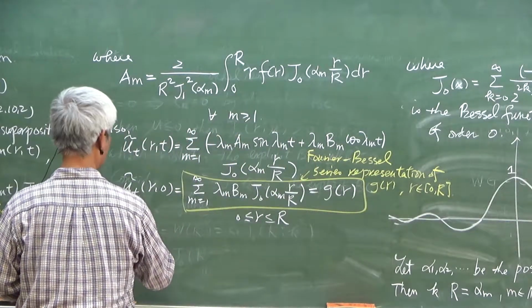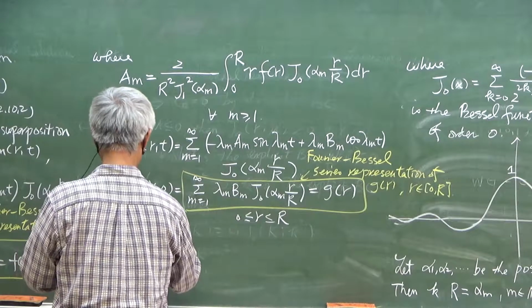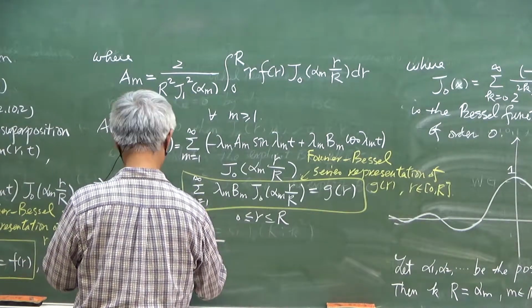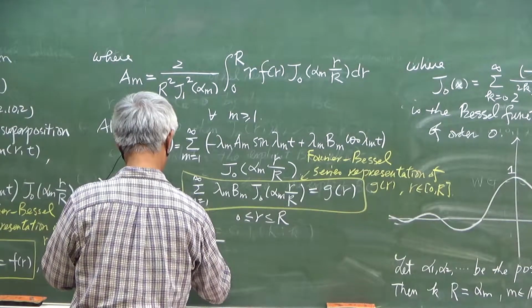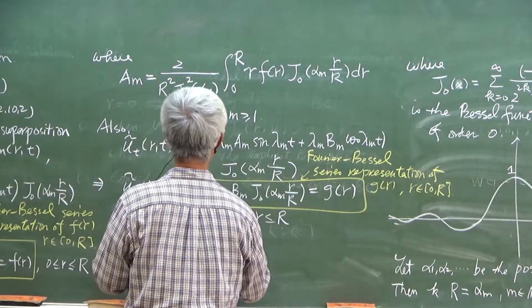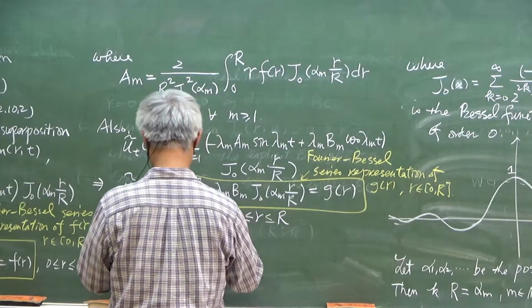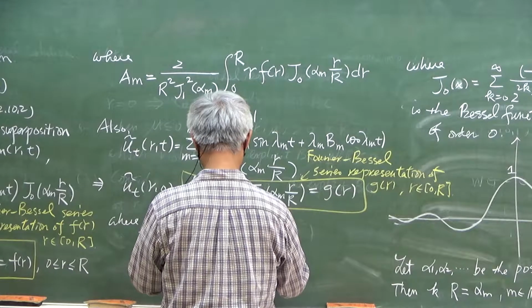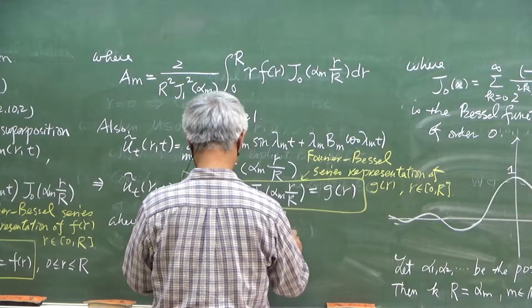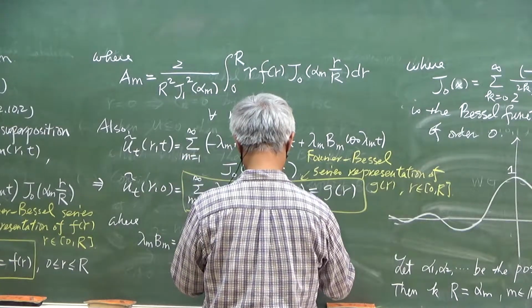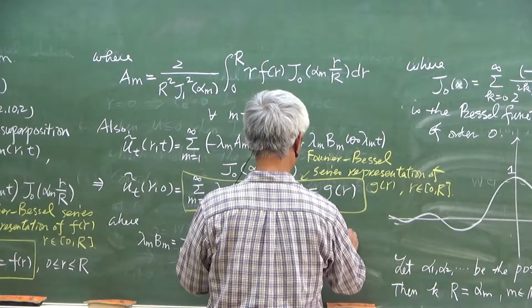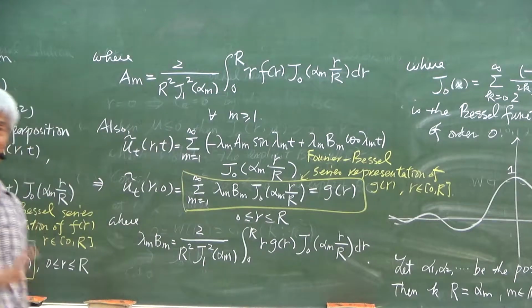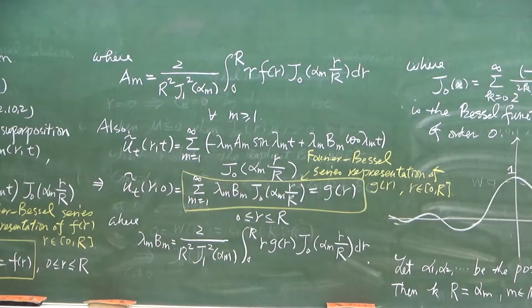Where we know how to find lambda_m times b_m, which is equal to, again, an integral of r g(r) J0(alpha_m r) from 0 to R, divided by R square J1 square alpha_m. Okay, so this solves our problem.